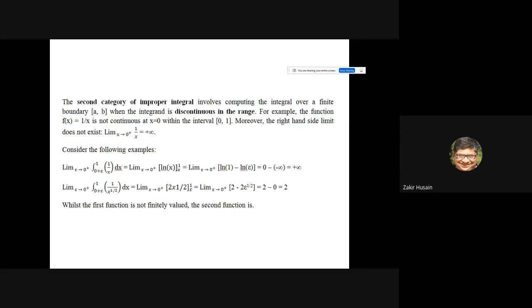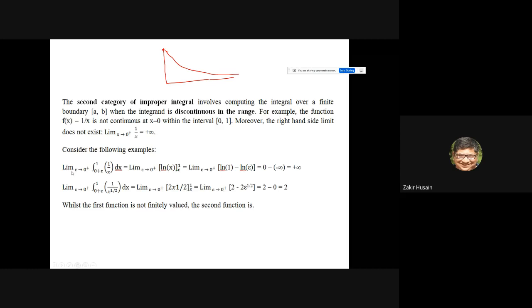That means the area is not finitely valued. It's going to keep falling like this. It will never touch the x-axis, and the problem is that at the point 0 it is discontinuous, so we don't have the area.